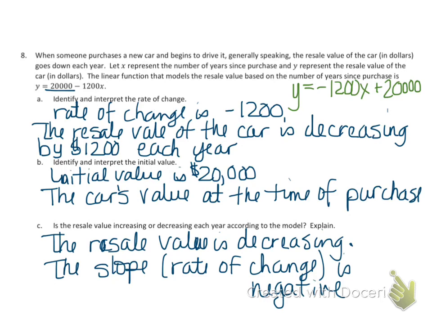The reason it's written as 20,000 minus 1,200 X is because that's how you think about it: for every year I'm going to subtract something off, not here's my negative part and then I'm going to add it to the initial value of the car. So in this context of an aging car and its value, we think about it differently, and it makes sense to write the function the way they wrote it. So your job is to pay attention to the rate of change being the coefficient of the variable and the initial value being the constant.